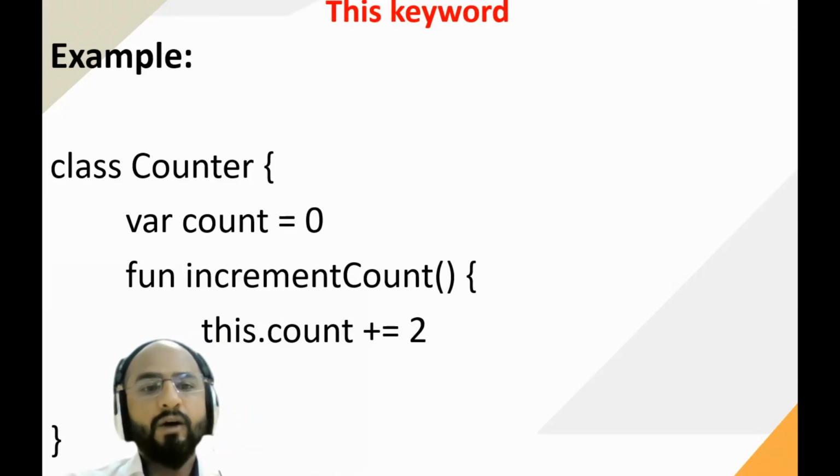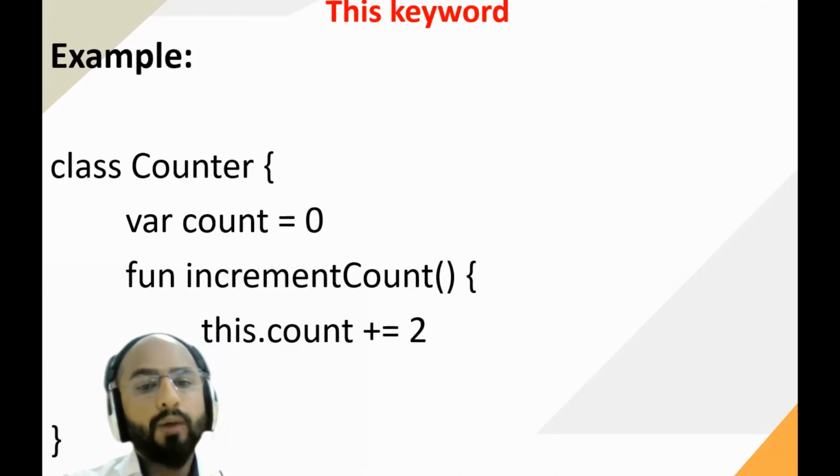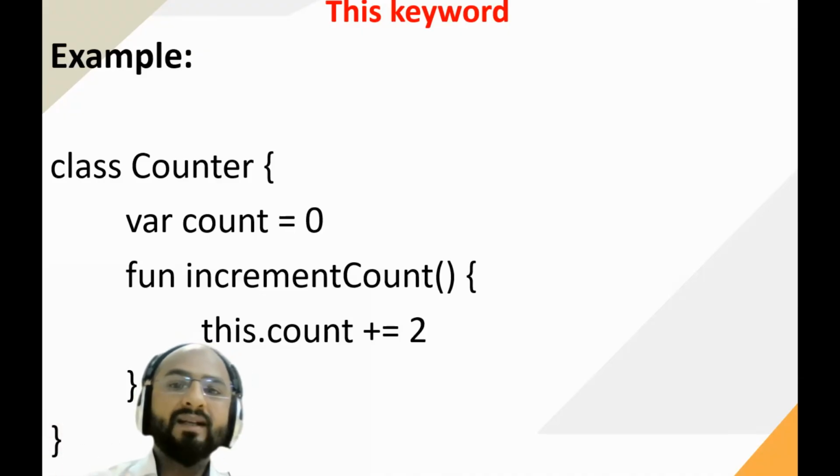Similarly, when I call incrementCount using the counter2 object, it will increase the value by 2 in that counter2 object. This is why the this keyword is used to refer to the current object, current reference.